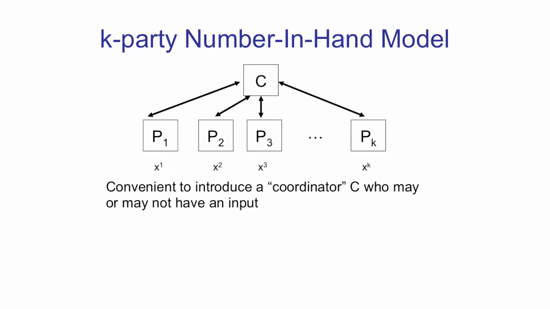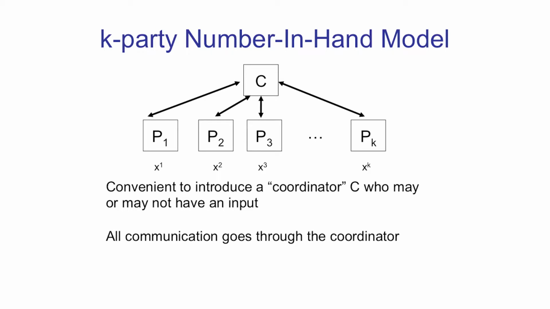We're going to introduce a simplification, which is it's convenient to introduce a coordinator C, which is this extra player which may or may not have an input. And what we're going to require is that all communication goes through the coordinator.